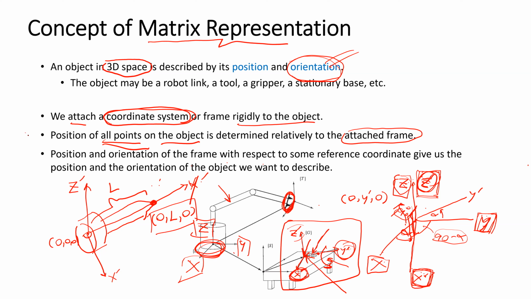And how about this bullet? Position and orientation of the frame. We already said that instead of talking about the screw, now we are not talking about the screw anymore, but we will talk about the frame that we attach to the screw. And then we know how the point on the screw relates to the frame.